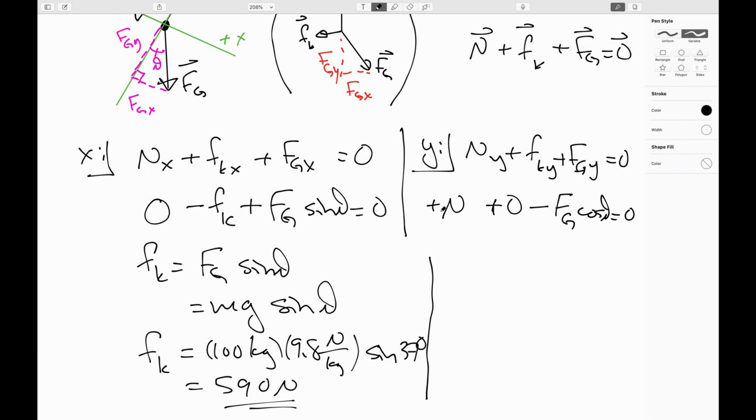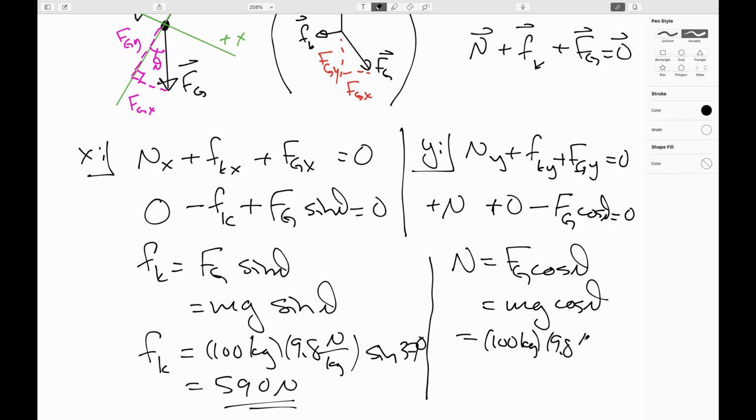Okay, over here I can solve for the normal force. The normal force will equal Fg cosine theta. So that's mg cosine theta. So, oops, that'll give me 100 kilograms times 9.8 newtons per kilogram times the cosine of 37 degrees.